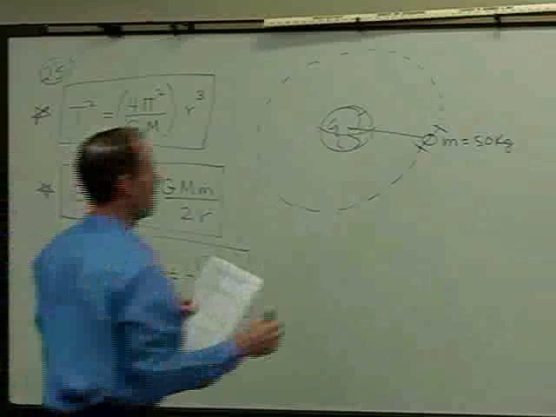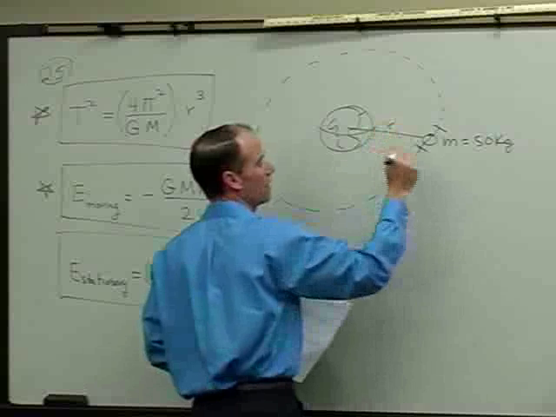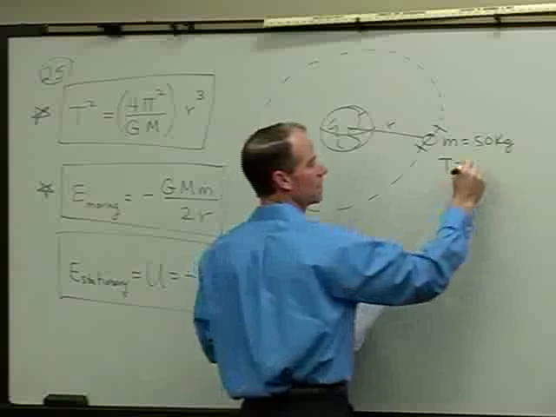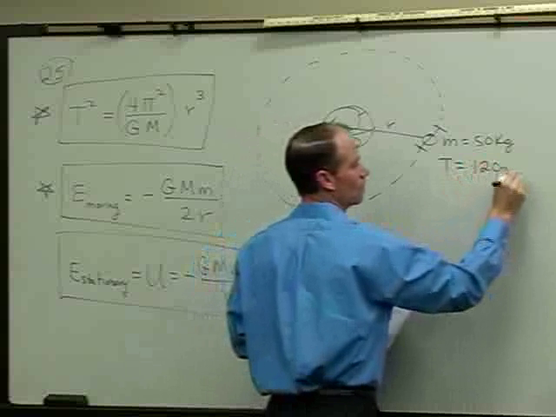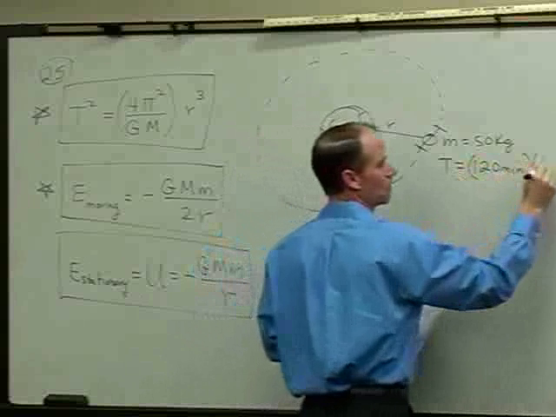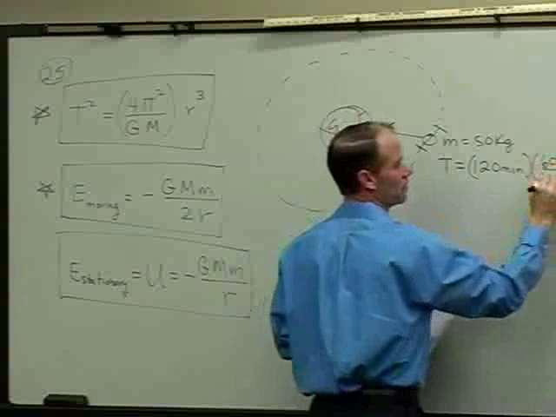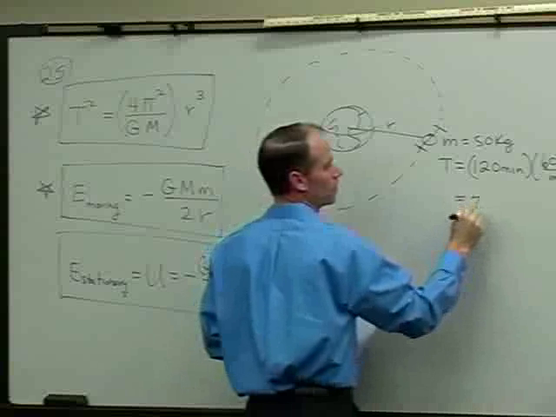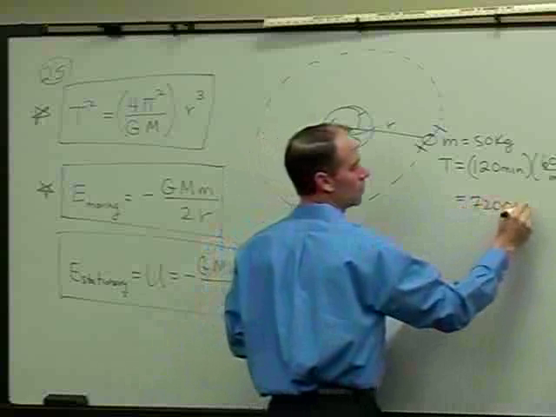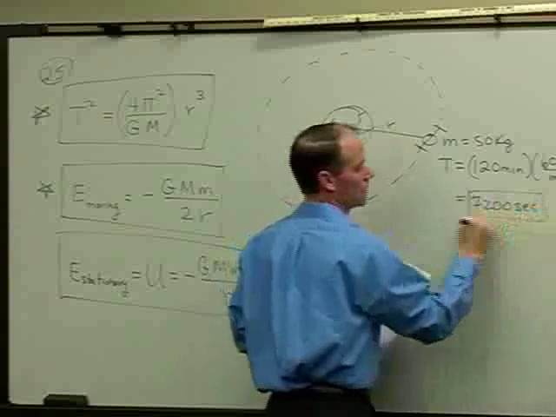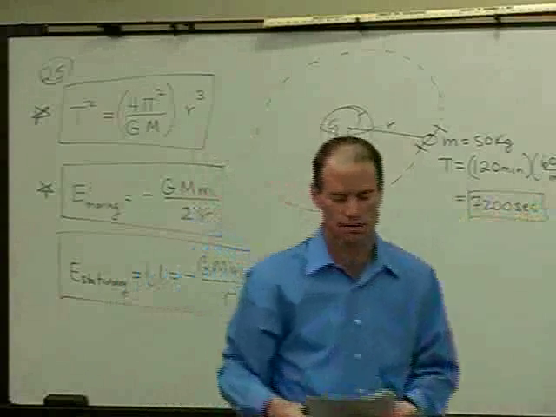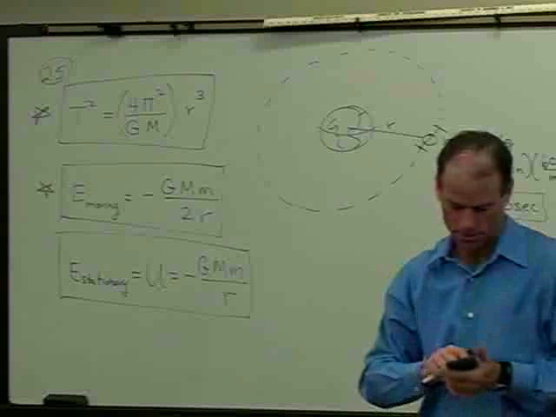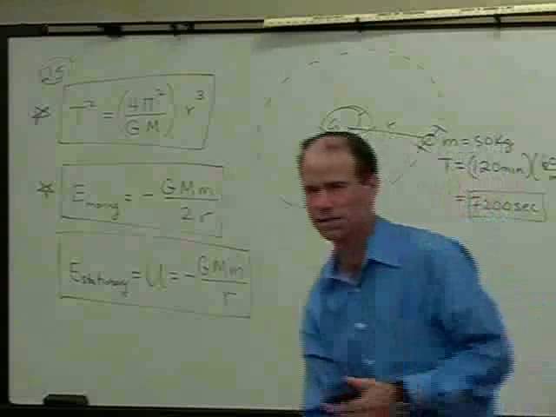And the period of time in this orbit, let's call this radius r, is 120 minutes, at 60 seconds per minute. What is that, 7,200 seconds? Not sure if I'm thinking right. 7,200 seconds.